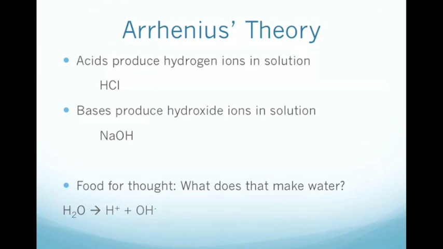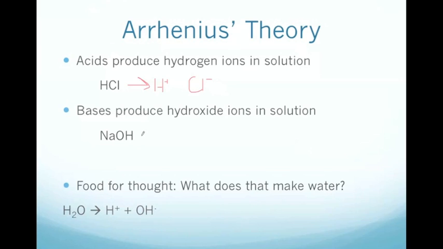Okay, so Arrhenius' theory. He said acids produce those hydrogen ions in your solution. Okay, HCl becomes H plus and Cl minus. I apologize for my sketchy handwriting.